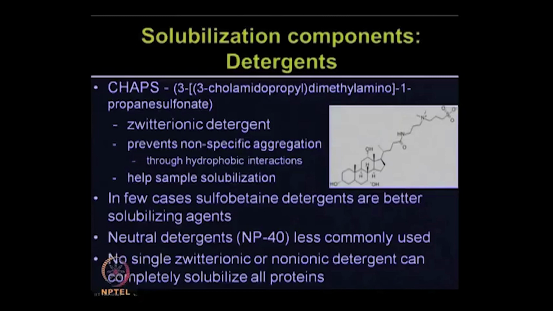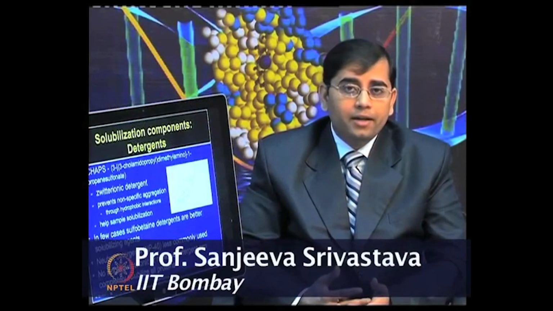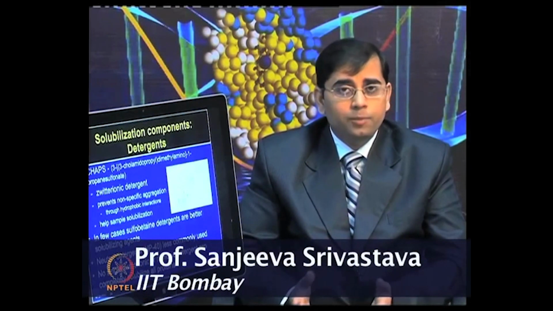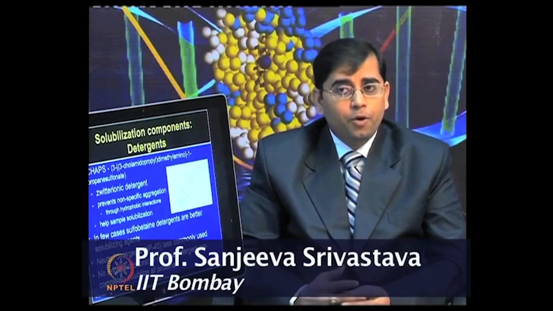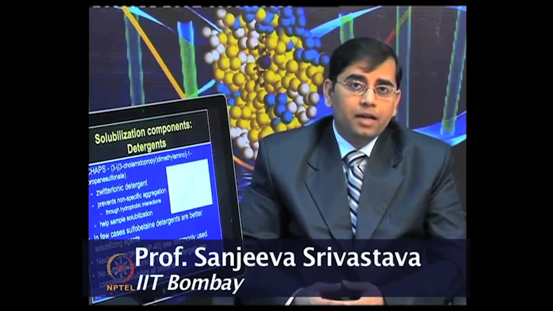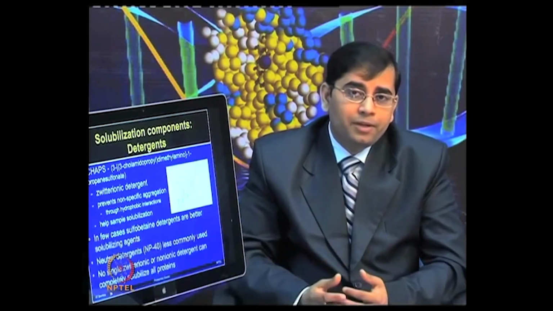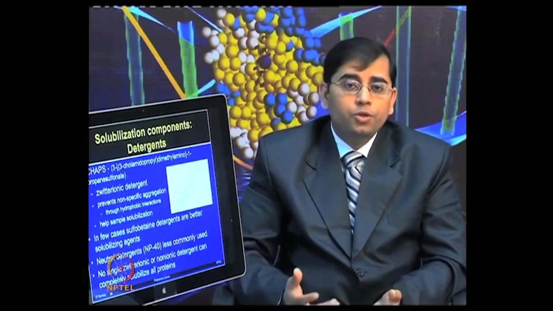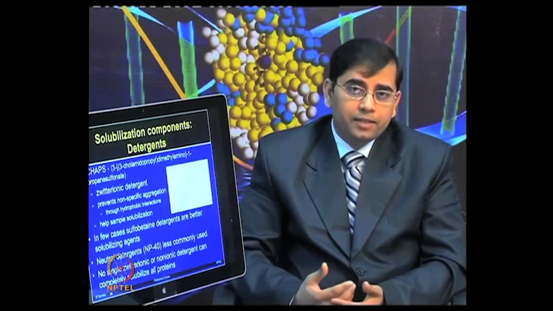So, one cannot provide you a list of the most effective solubilization agents. No single zwitterionic or non-ionic detergent can completely solubilize all the proteins. So, depending upon your sample type, and if you know your sample is rich in a specific type of proteins, you need to try different detergents.